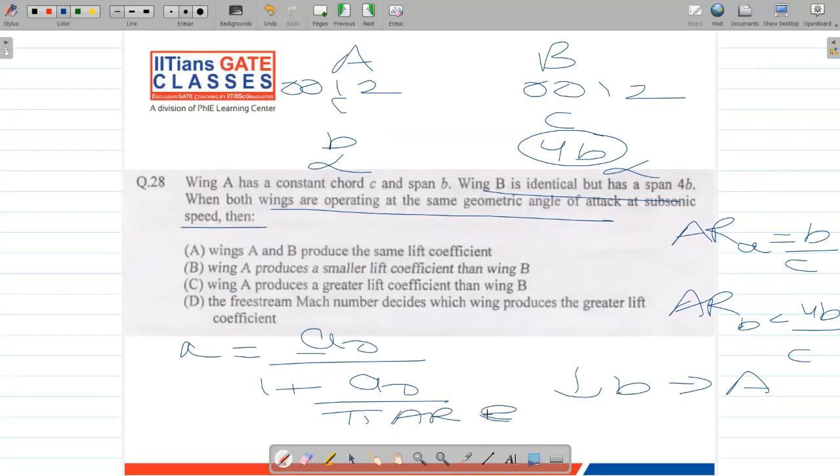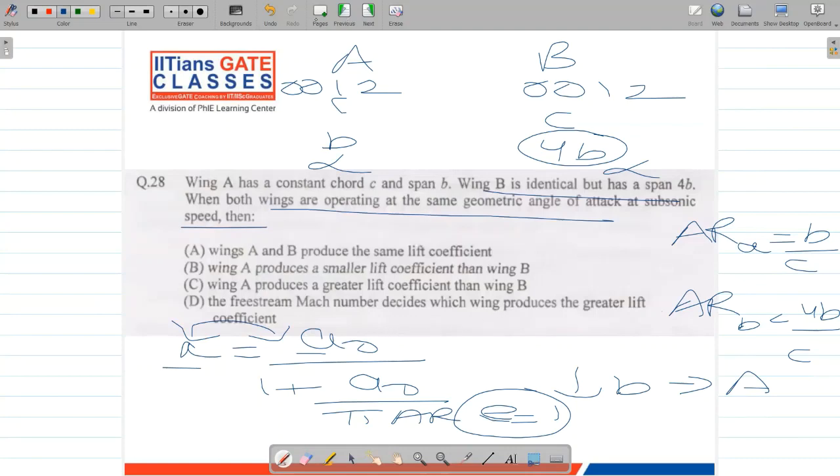AR is the aspect ratio, E is the efficiency factor, and let's take it as 1 in this case. As you can see from this expression, the higher my aspect ratio, the closer my A will be to A naught. That is, the wing lift curve slope will be closer to the airfoil lift curve slope.